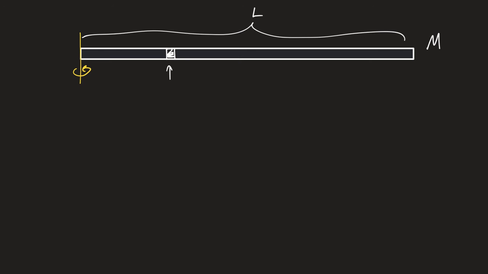This requires calculus. We could attempt to break this up into 10 or 20 or 50 equal pieces. We could, but we're not going to. We're going to try and figure out its actual moment of inertia. That's going to require a slightly different formula. Our sigma formula doesn't work.